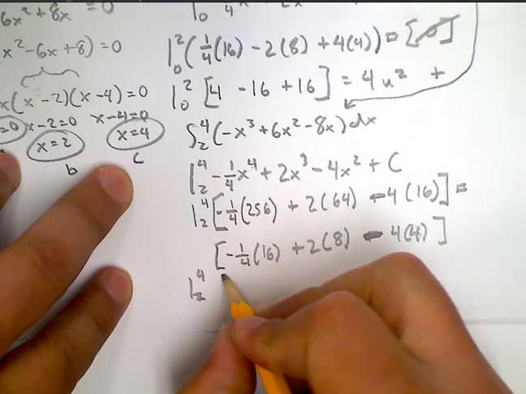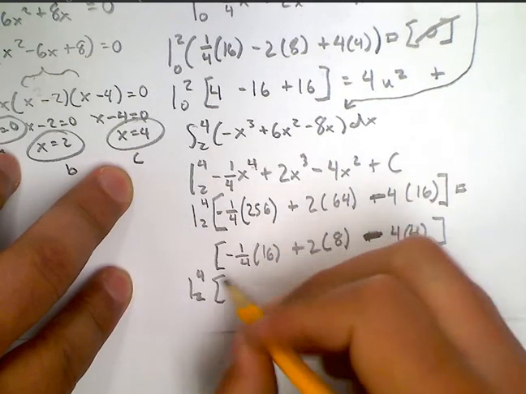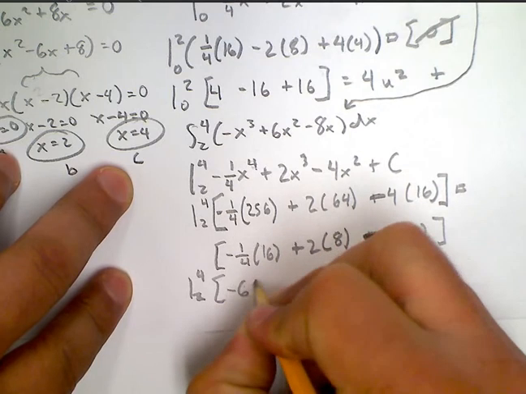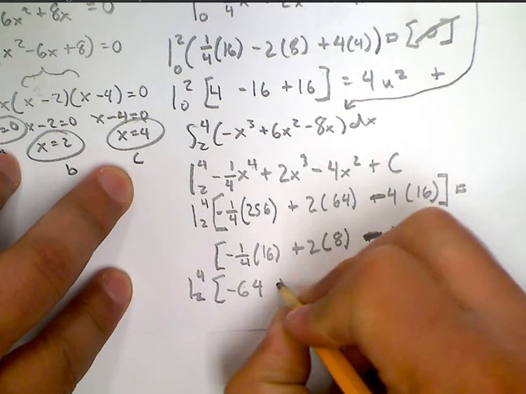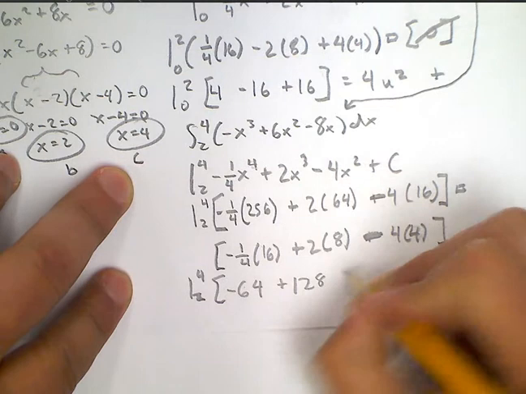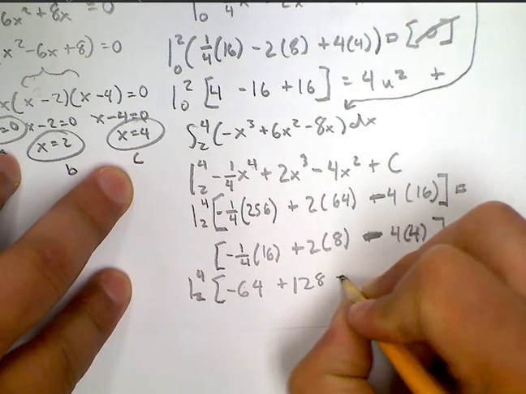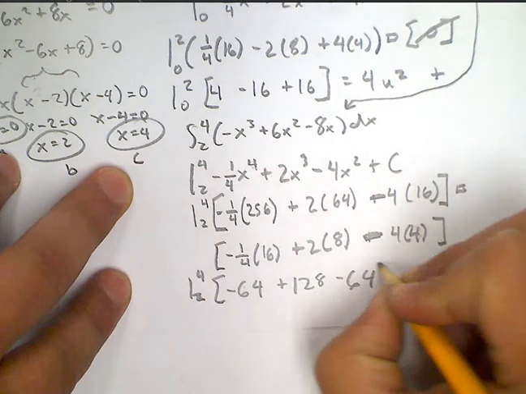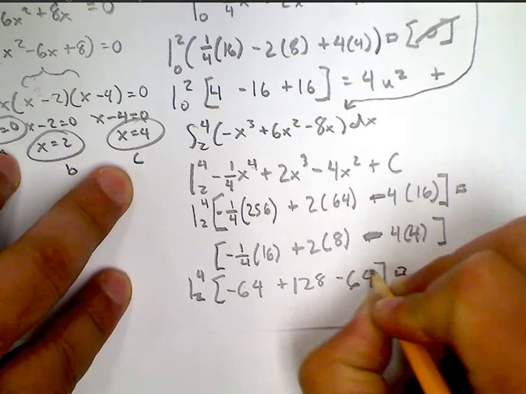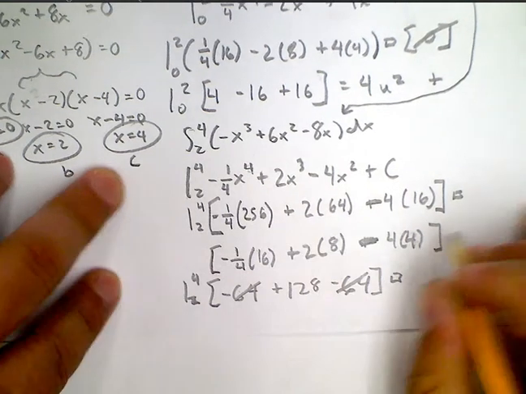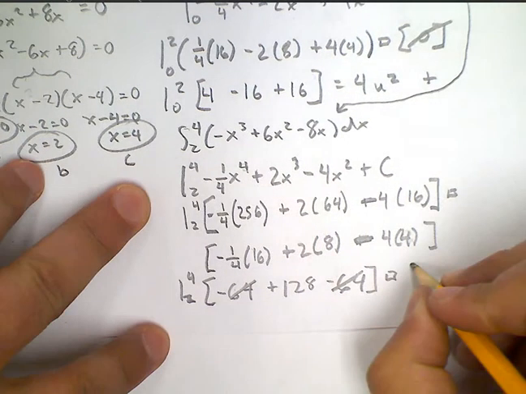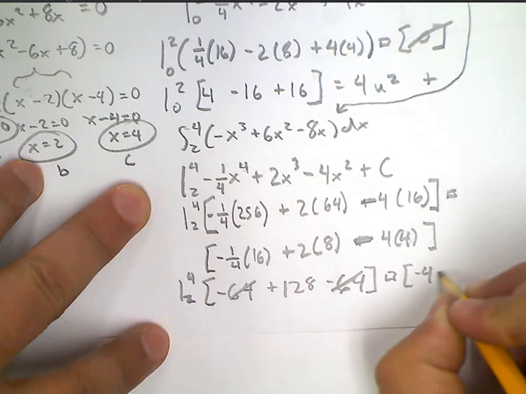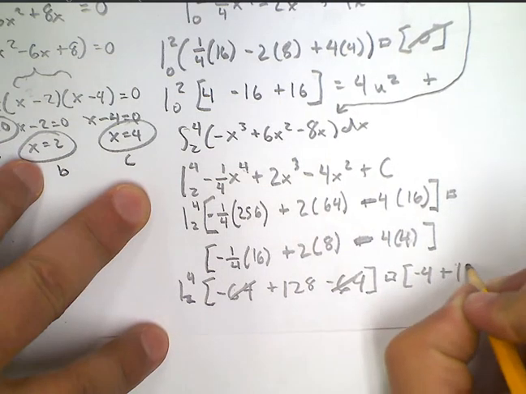So, a fourth of 256 is 64, so negative 64. 2 times 64 is 128. Negative 4 times 16 is negative 64. Minus, those already cancel. A fourth of 16 is negative 4 plus 16.